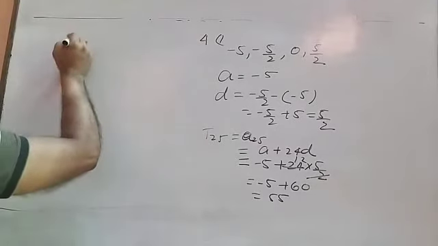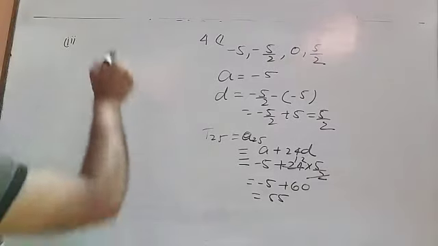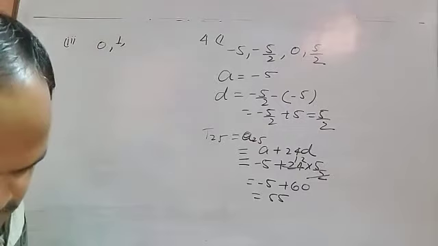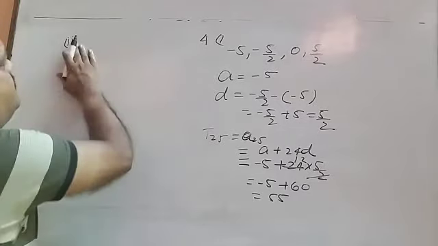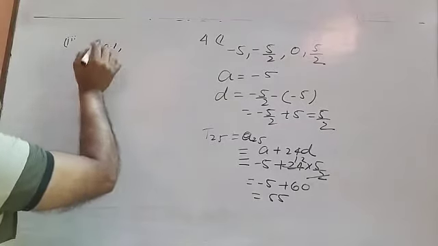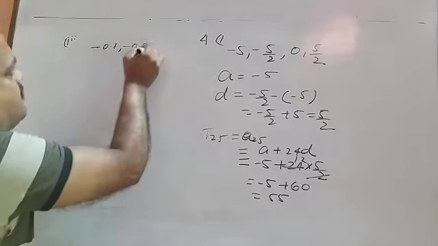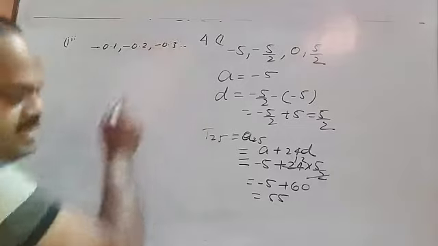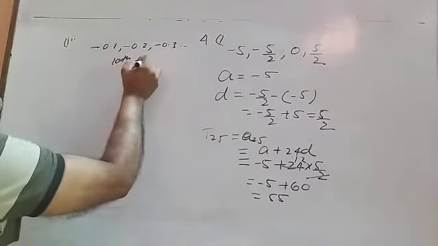Third part of this question. We have the series as minus 0.1, minus 0.1, minus 0.2, minus 0.3, and we want the 10th term.